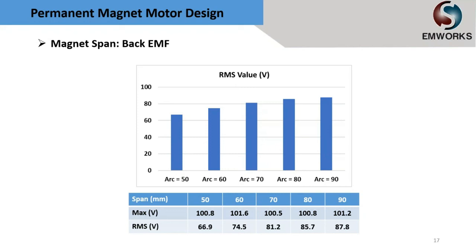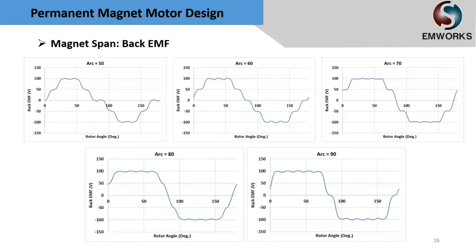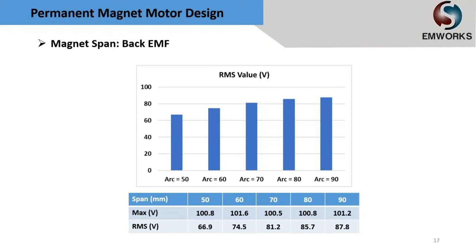Let's look at these figures quantitatively. As I mentioned before, and it's obvious from these figures, the maximum value of the back EMF is constant for all cases. You can see in this table. Okay, the max value for all of these five waveforms is the same. The max is around 100.